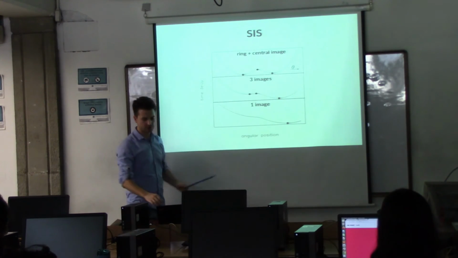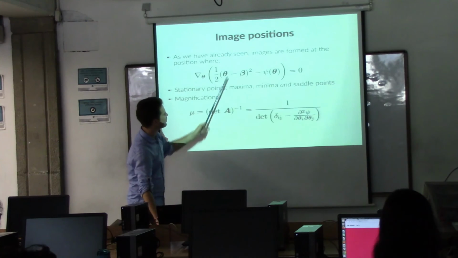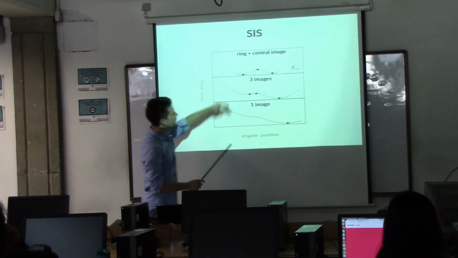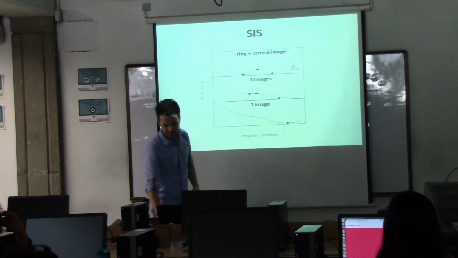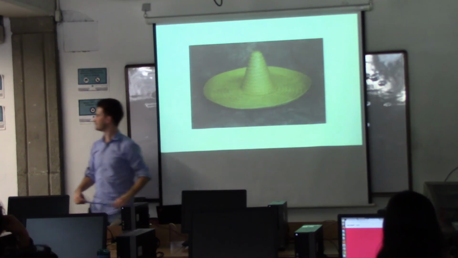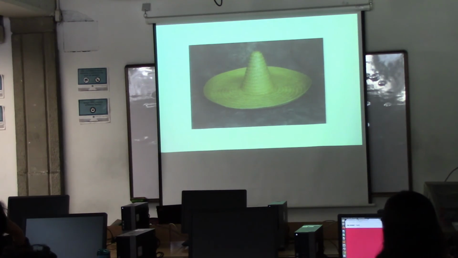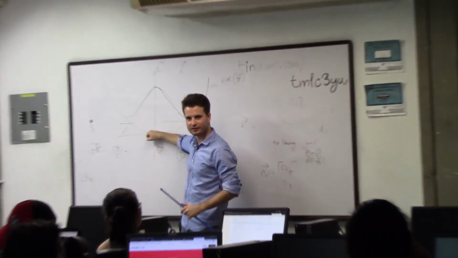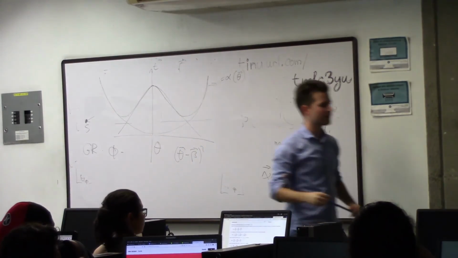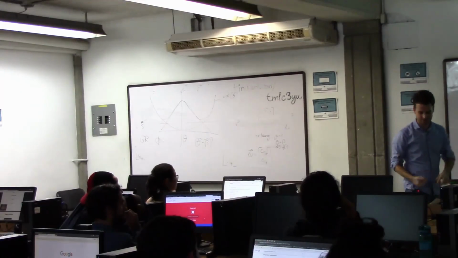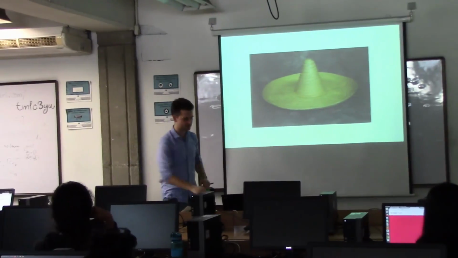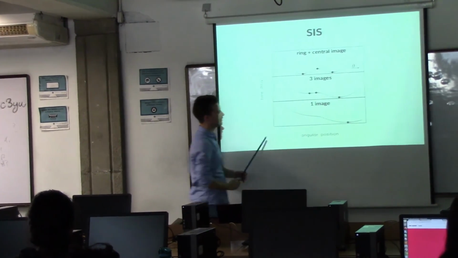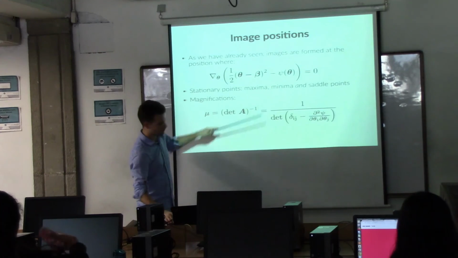If you offset your source a bit, so if your beta is not 0, you tilt this a bit and think of it as a Mexican hat. So this is your Mexican hat if your source is perfectly centered behind the lens. If you move away from the center of your lens, your Mexican hat gets tilted.